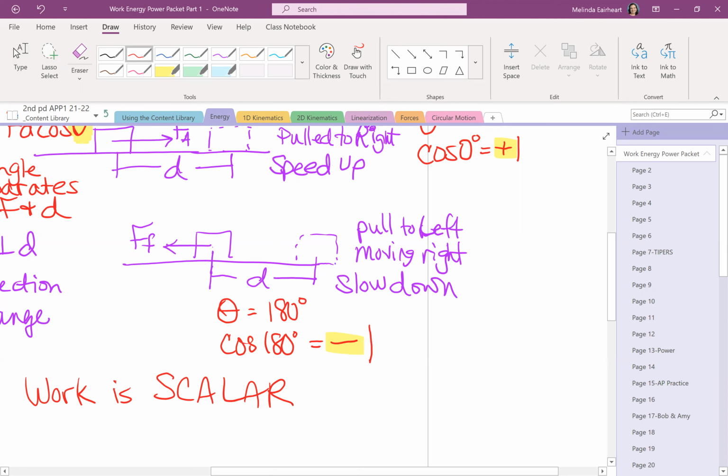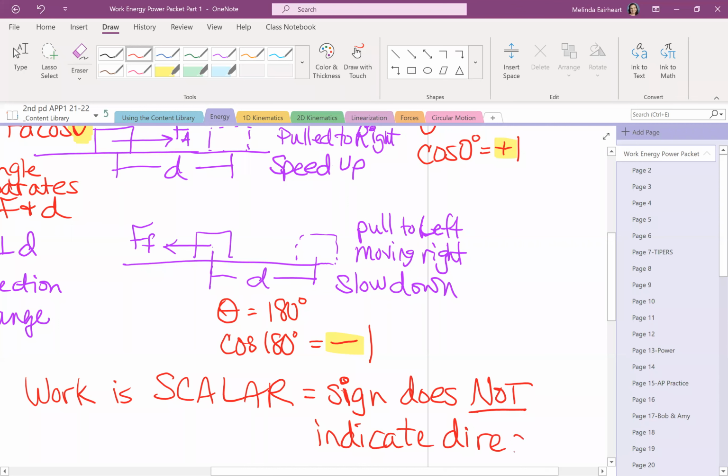It doesn't care about direction, okay? And so your sign, I'm going to write it a little differently to make it apply here, your sign does not indicate direction. So we do have positive and negative work, but it doesn't mean right or left.